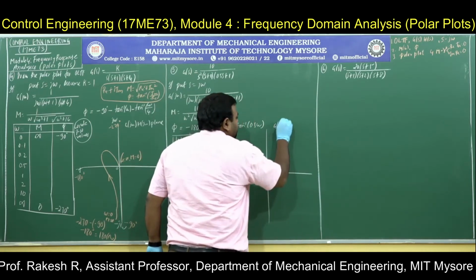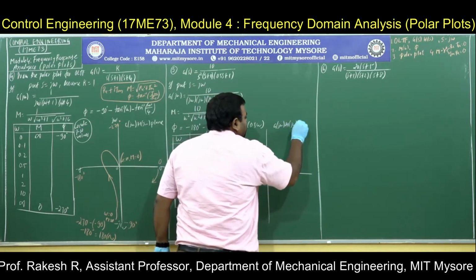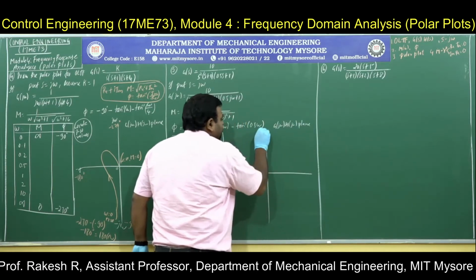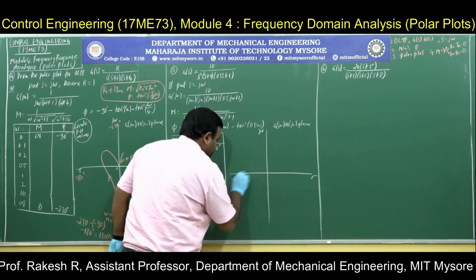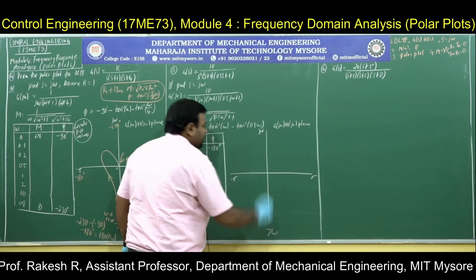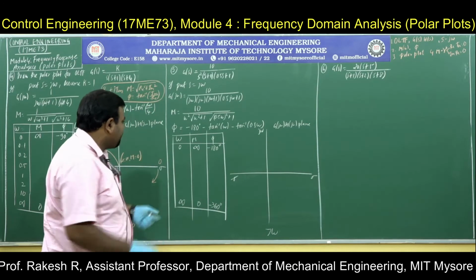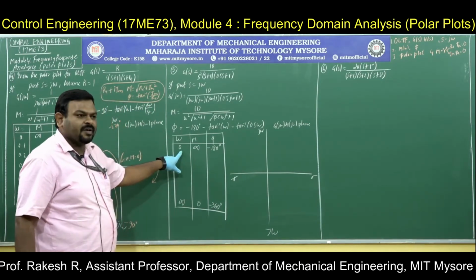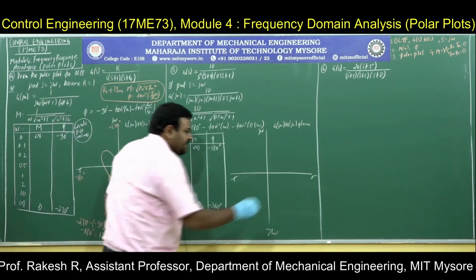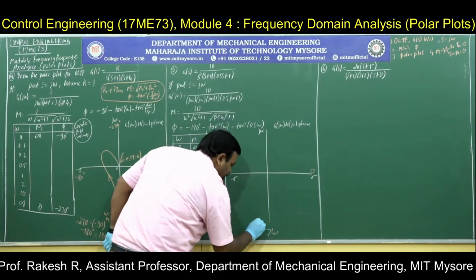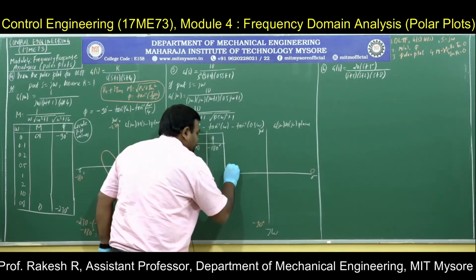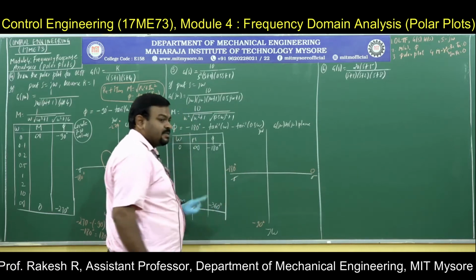This is the G of j omega, H of j omega plane, with j omega and sigma axes. Same thing. See the magnitude of the plot. The angle of the plot is 180 degree. First locate minus 180 degree. This is 0, minus 90, minus 180. Then locate minus 360.